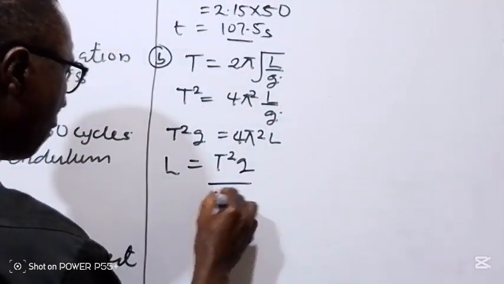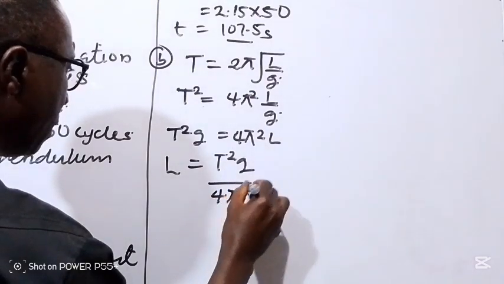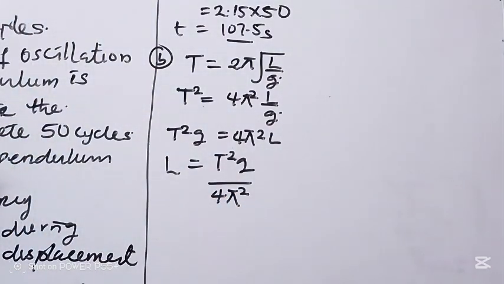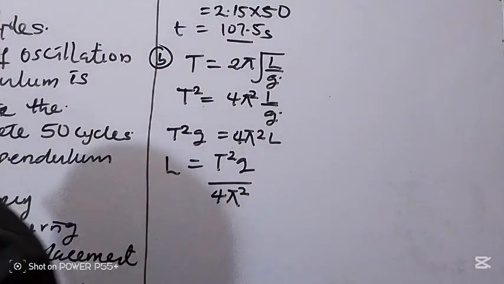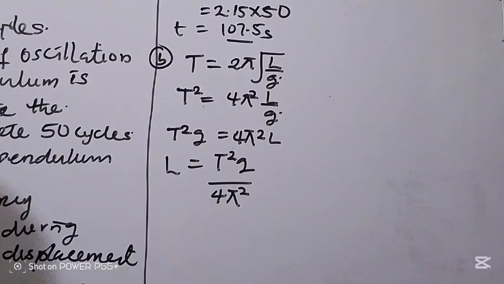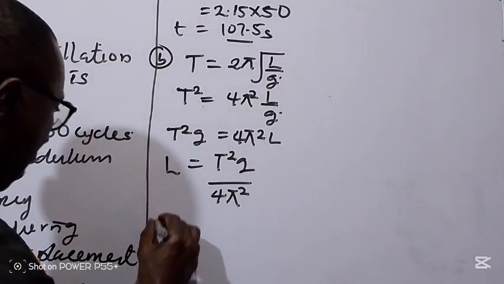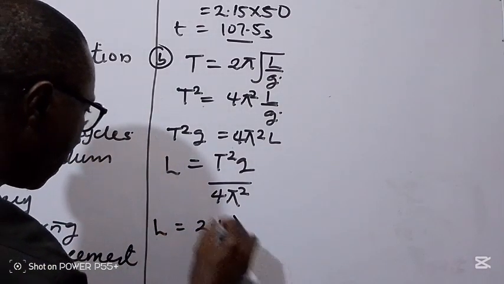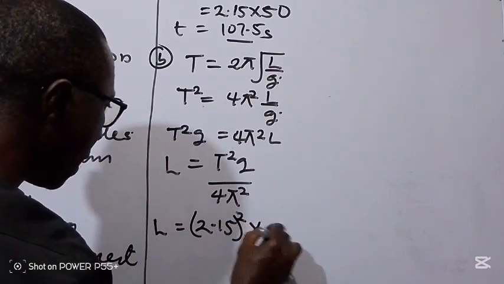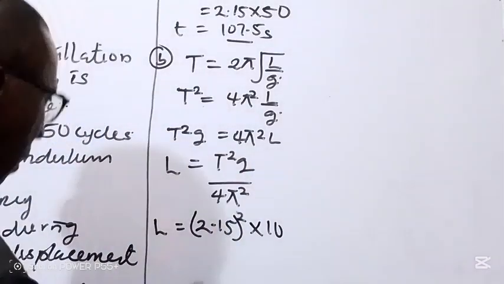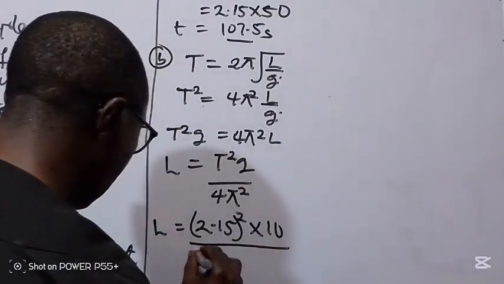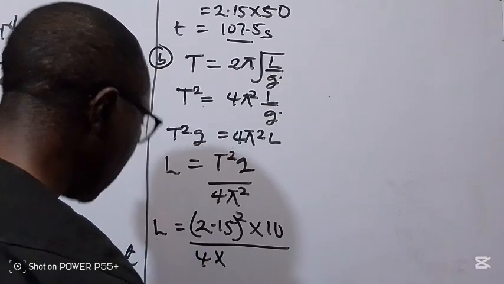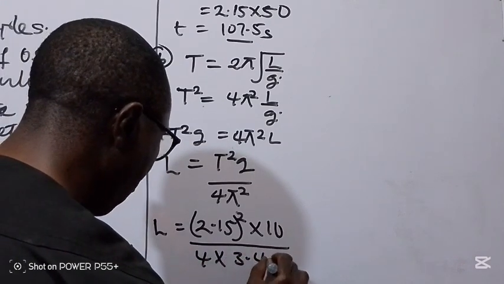Now, the period given in the question is 2.15. So L will be equal to 2.15 square multiplied by 10, then over 4 multiplied by 3.142 square.